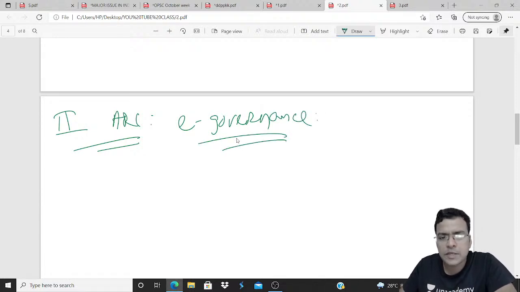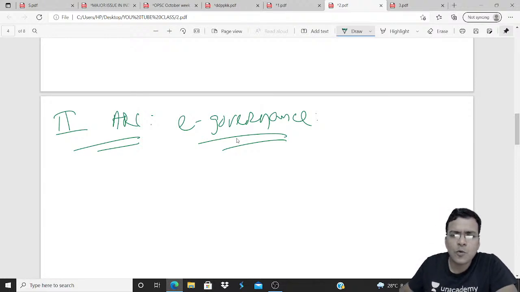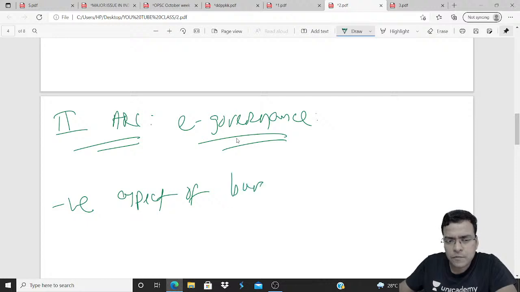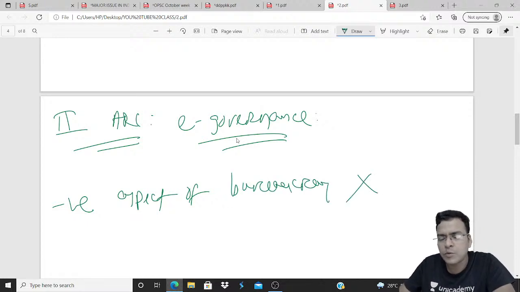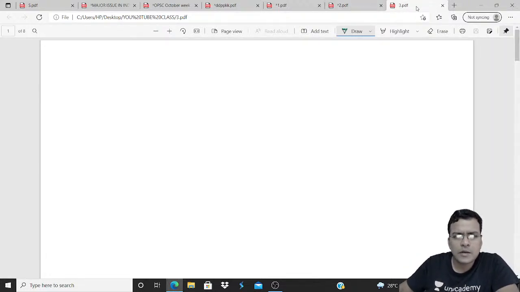According to the second ARC, e-governance can bring the desired transparency in Indian administration, and the so-called negative aspects of bureaucracy can be removed with the application of IT. This is one.